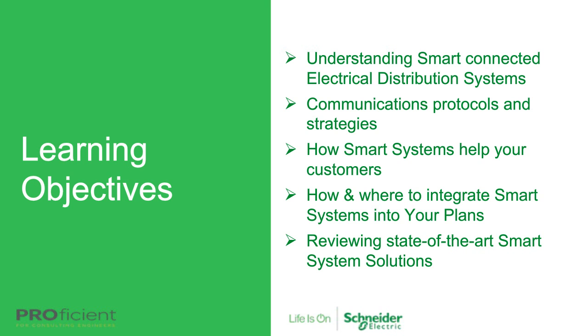But before we get started, we have a polling question. The polling question allows you to answer this question: what percentage of your customers are interested in connected electrical distribution? The answers are 0, 10%, 25, 50, 75, and 100%.